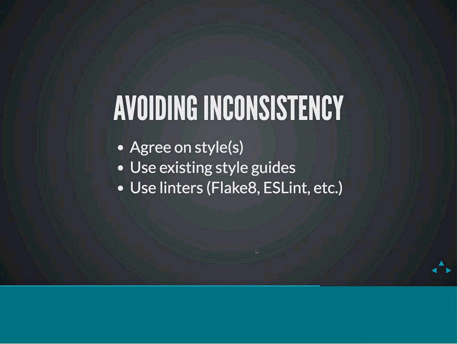Use an existing guide. Use linters. PEP 8 is for Python. It's PEP, I'm blanking on the word, but it's basically what says, here's how you indent things. Here's what you do for white space in all of these cases. If you're writing JavaScript or ECMAScript, all a linter does is complain at you if you're not up to standards.